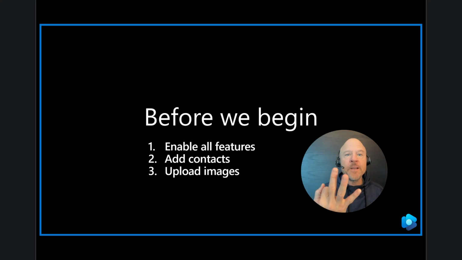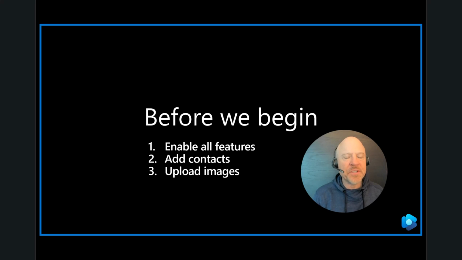So there are three areas that I always do right out of the gate. Number one, I want to make sure I enable all of the features that are available. Some of them are in public preview, some may not be, but I want to make sure at least you know where to go access that and turn on the ones that are relevant for your customer conversations. Also, you're going to want to add contacts that have usable current email addresses.